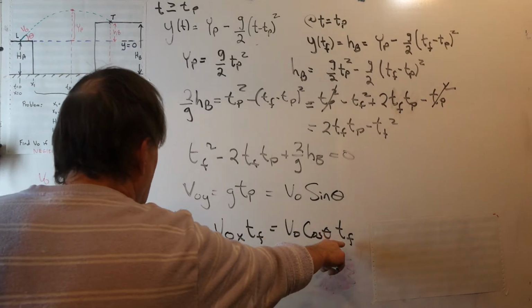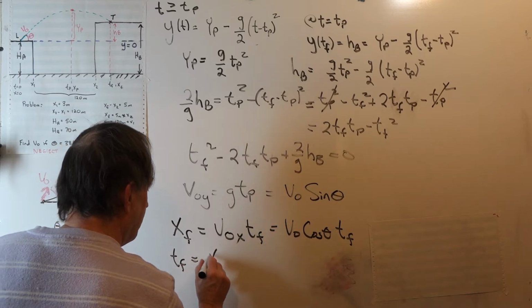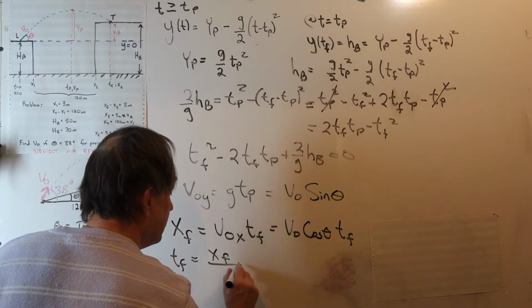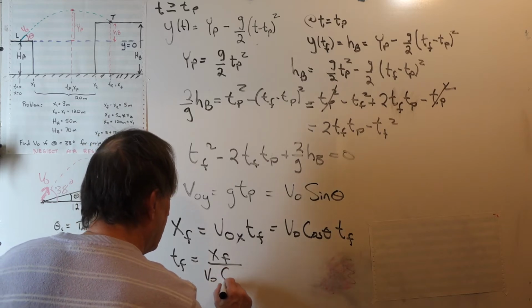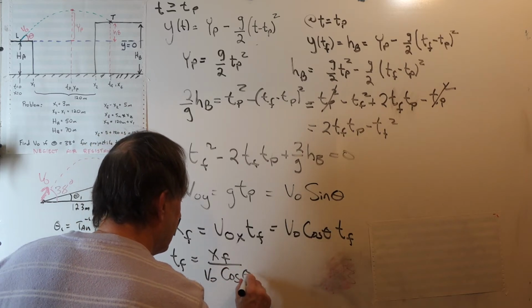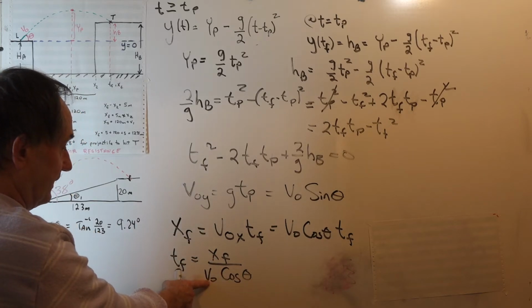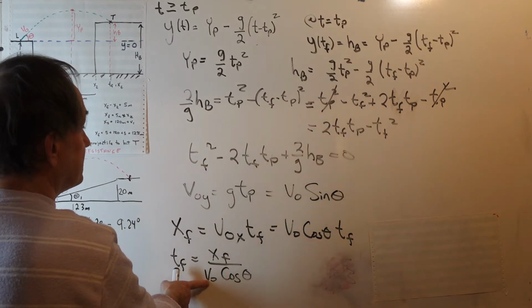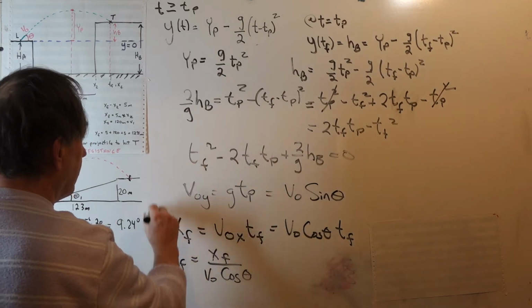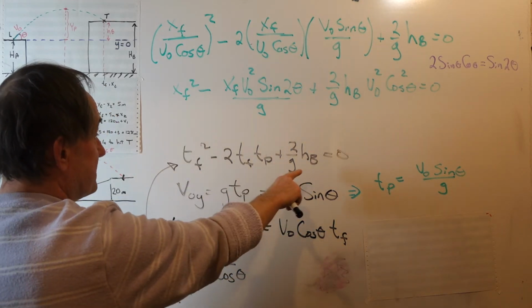Now, let's solve for TF. TF will be XF, which we know, divided by V0 times the cosine of theta. Well, we know XF, we know theta, and we're ultimately going to be solving for V0. Now, we'll put this into this equation here. What we're going to do here now, again, is make some substitutions.